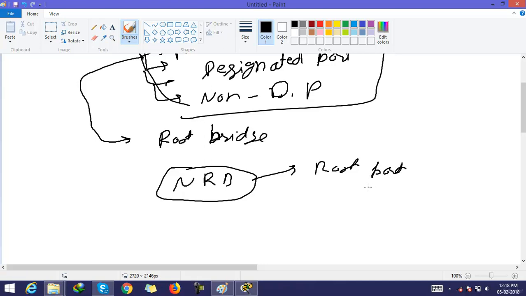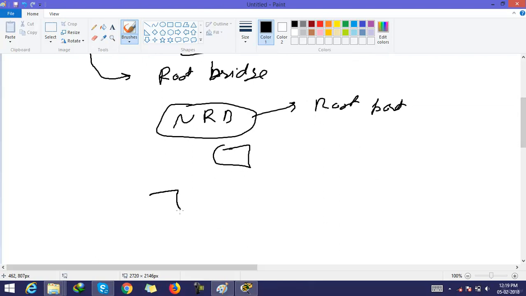The root port is the link with the lowest path cost to the root bridge. If more than one link is connected to the root bridge, then the port cost is found by checking the bandwidth of each link.